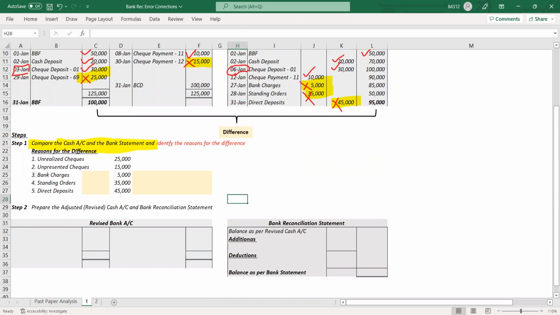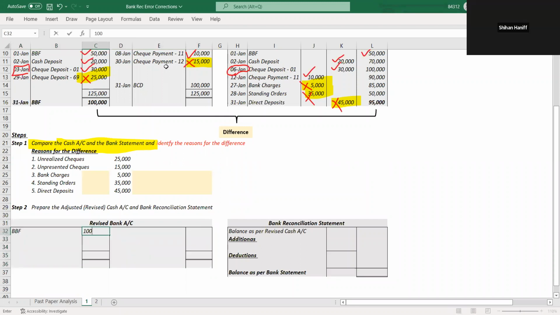We start the revised bank account with the balance brought forward. The closing balance of the bank account is the opening balance of the revised bank account. Then there are some transactions not recorded in the bank account. What are those transactions?